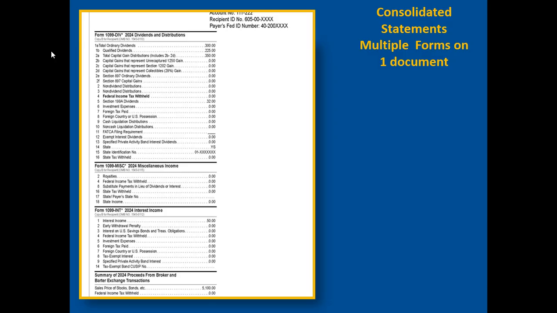She also has a consolidated statement. This is in your book as well. You're going to highlight the form numbers. In this case, at the very top, we have a 1099 DIV for dividends. And you're going to highlight the numbers that you see for that form. So highlight those now.